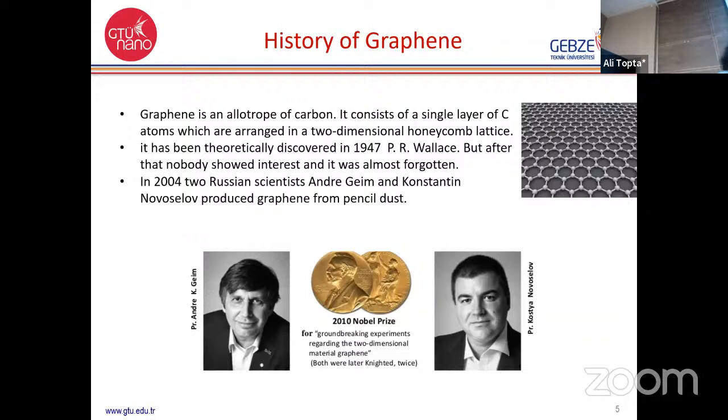Before 2010, people were all into CNTs, carbon nanotubes, which is the rolled form of graphene. But after 2010, everyone was like, oh yeah, that's the holy grail. We are all going to get into graphene. That is why it has been used in a very wide range of applications.